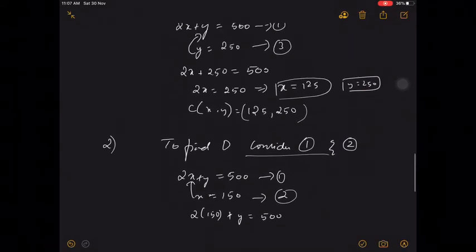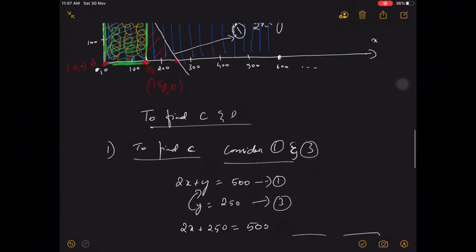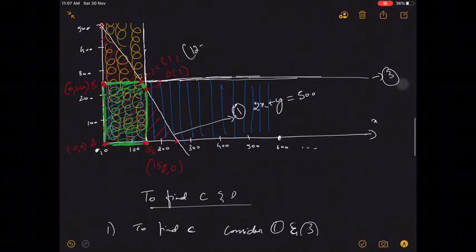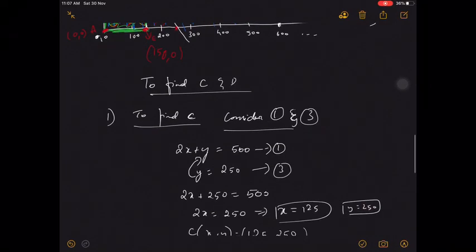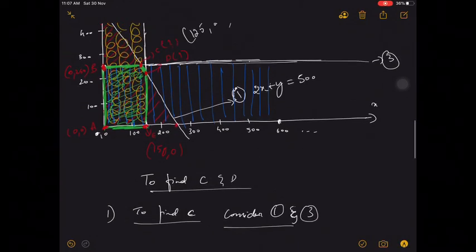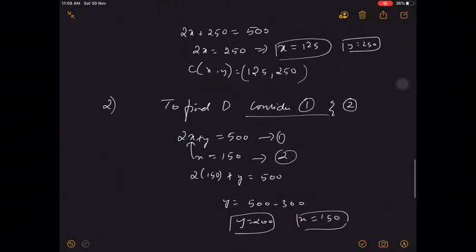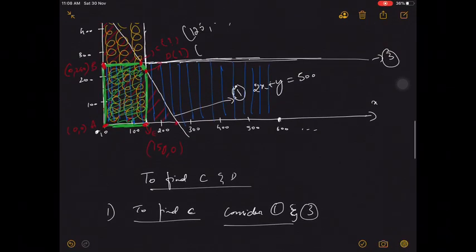Now we know points D and C. So I'll write the values. C we found is 125 comma 250. So what is the value of D? Point D we found and we got it as 150 comma 200.